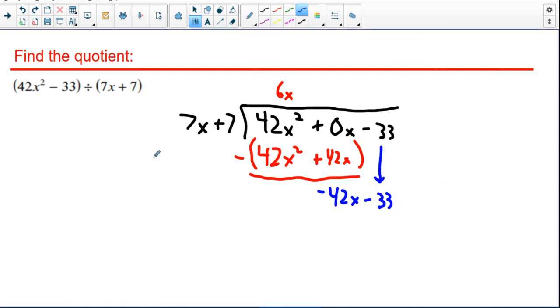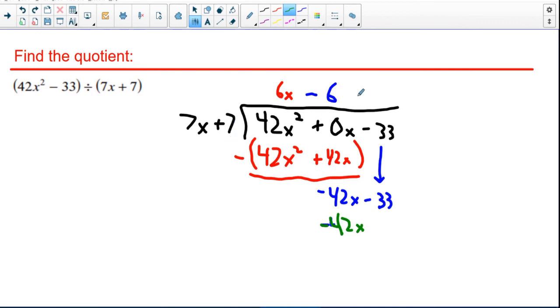All right, so from here, I'm just repeating that same algorithm, that same set of steps, and that's just what do I need to multiply this first term by to make it look like this first term. Here we go. If I multiply by negative 6, that's going to give me minus 42x.